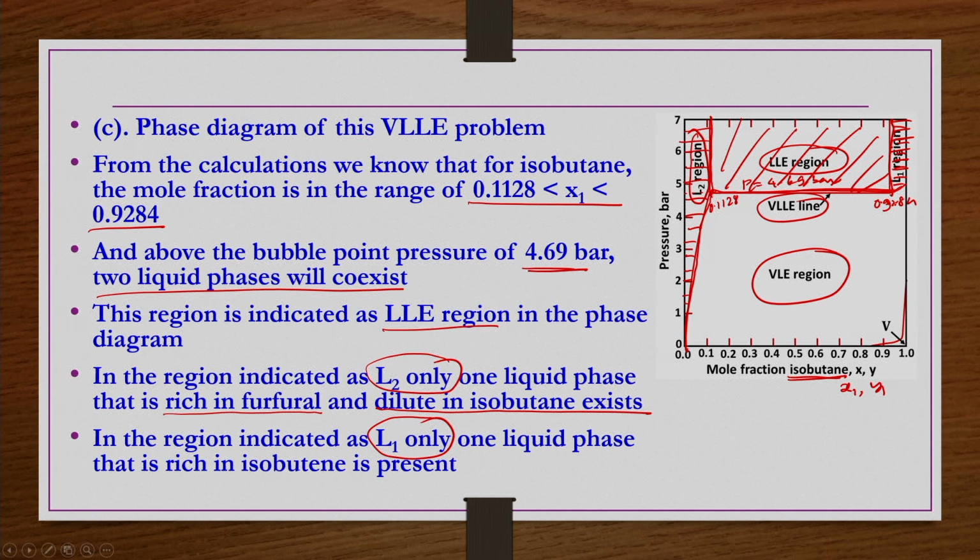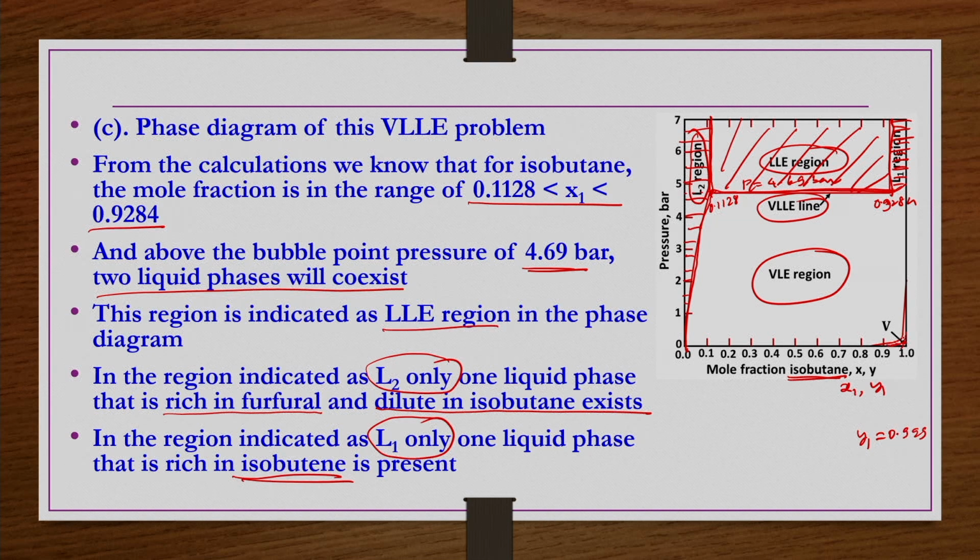So, this L1 region is rich in isobutane because it is the larger X1 side, since you are plotting isobutane. So, on that larger side, pure liquid is there. And then there is a vapor phase also, with Y1 0.999, almost touching this right scale here.